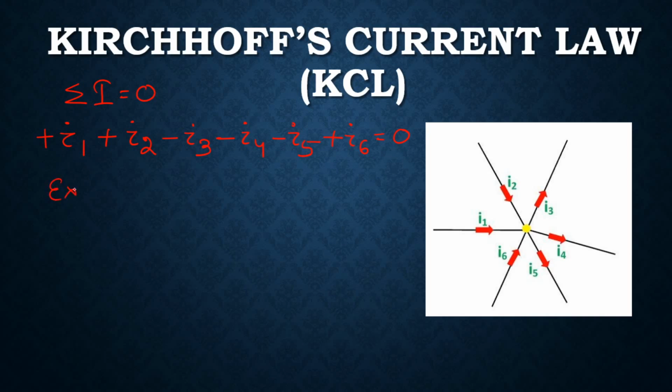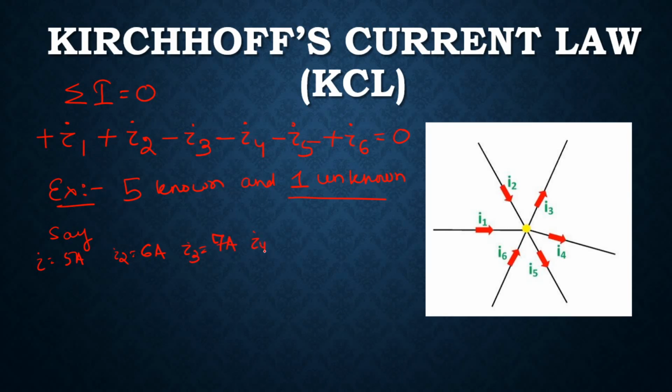So for example, I have 5 known currents and 1 unknown current. Using Kirchhoff's current law, I can find the unknown quantity. So say I1 is equal to 5 amperes, I2 is equal to 6 amperes, I3 is equal to 7 amperes, I4 is equal to 2 amperes, I don't know what I5 is, and I6 is equal to 10 amperes.